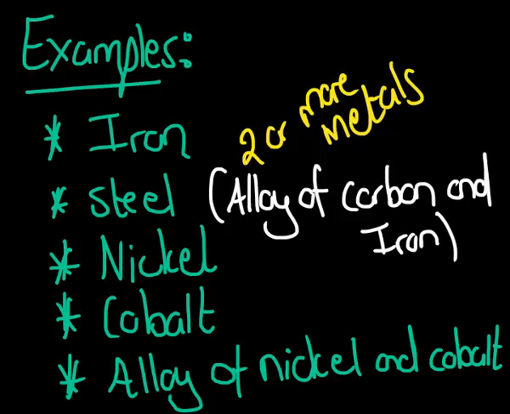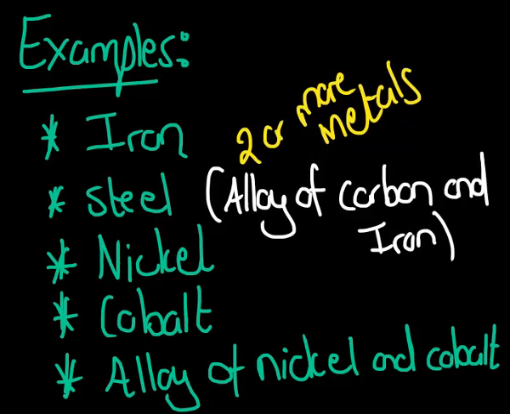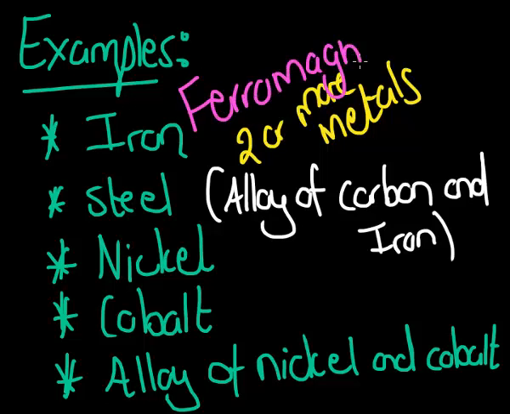Now all of these examples are attracted towards magnets, and therefore they will be termed ferromagnetic. Now that just means that they are strongly attracted towards magnets, and iron and steel can actually be magnetized so that they will become magnets themselves as well.